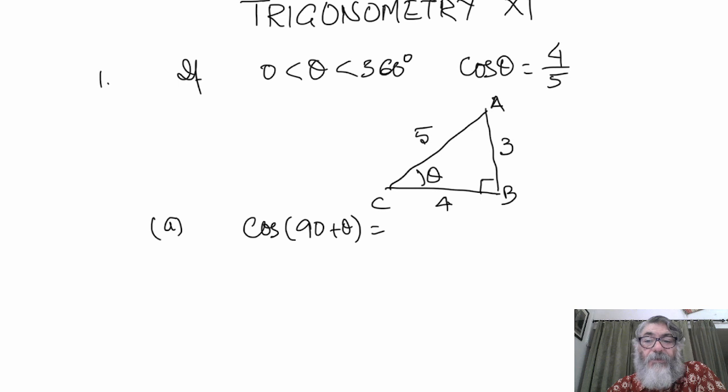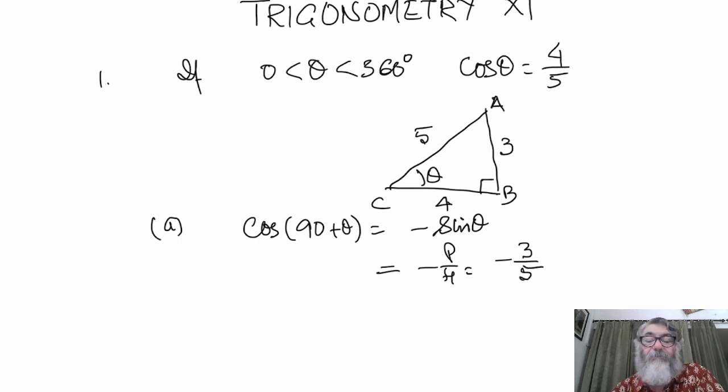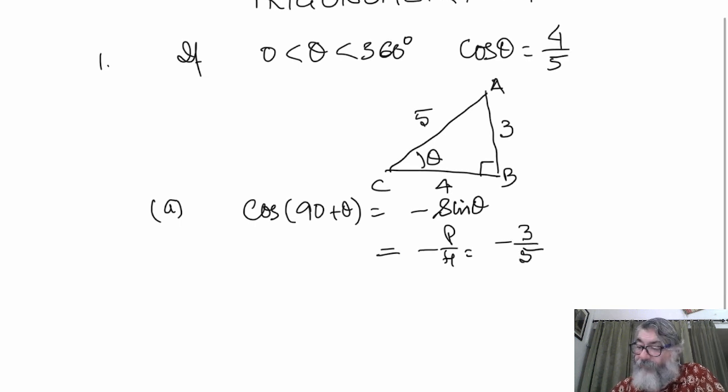But remember, in the second quadrant only sine and cosec are positive, while cos is negative. So cos theta will change into minus sine theta. And it will be how much? Minus perpendicular upon hypotenuse, that is minus 3 upon 5.